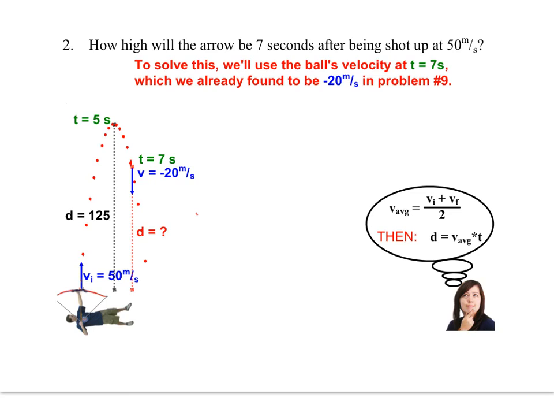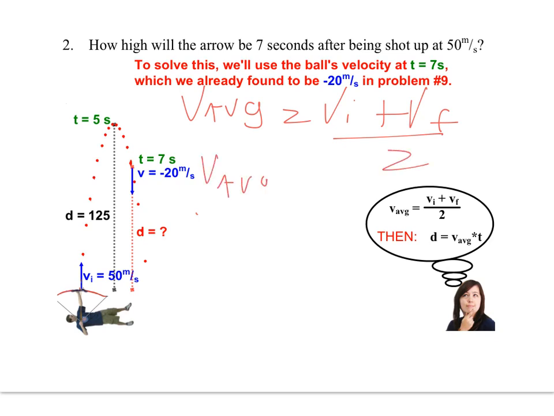All right, so something changes here, and that's the average velocity. So I'm going to go ahead and calculate that. V average is equal to initial plus final divided by 2, and I'm going to write that equation every single time. Still started at 50 meters per second, but now my final velocity is negative 20 meters per second.